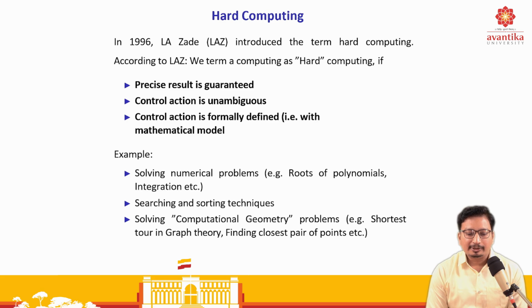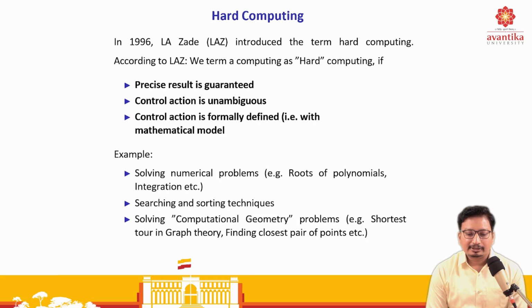Some of the examples of hard computing include solving problems like calculating the roots of a polynomial equation, or doing integration or differentiation, where we always use the precise or accurate method for calculating these. Other examples include searching and sorting techniques.